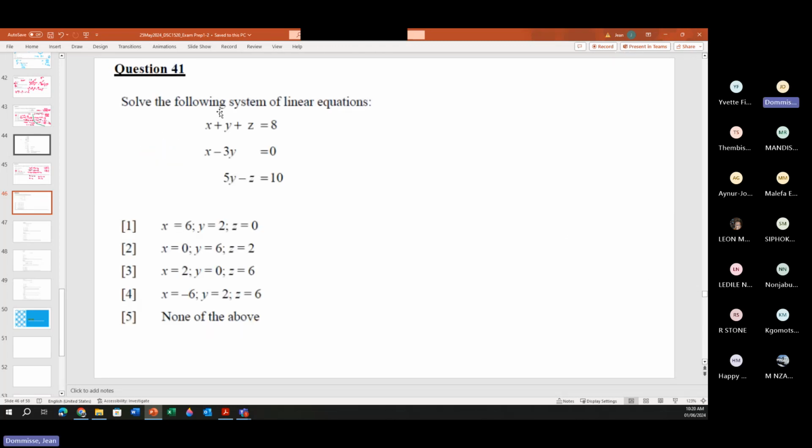So solve the system of equations. So this one looks a bit more difficult. So let's just see. There's an interesting one with only that.